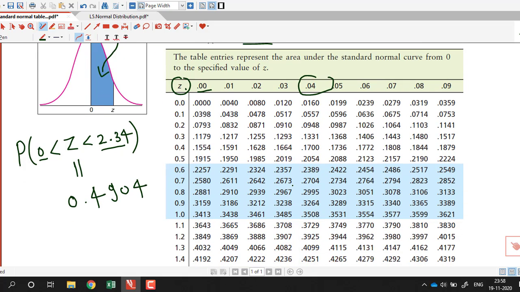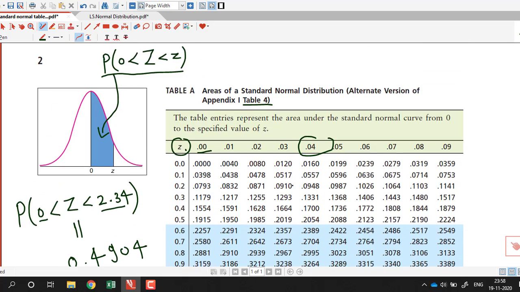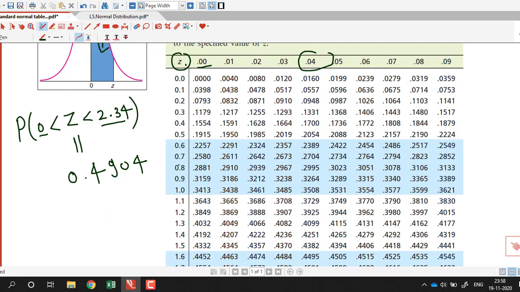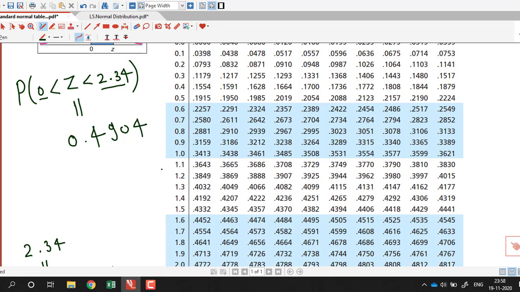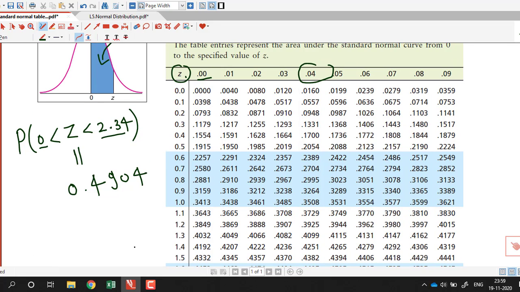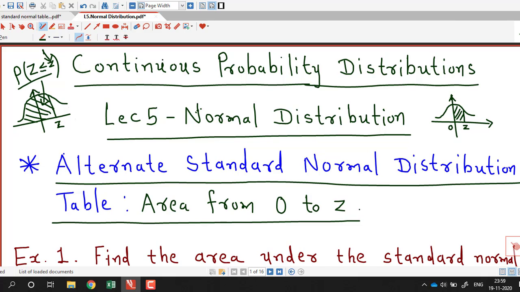So the table values are nothing but areas between z equal to 0 and z equal to some specified value. So we will discuss some examples of how to calculate this type of areas, or how to use these areas to calculate another type of areas.